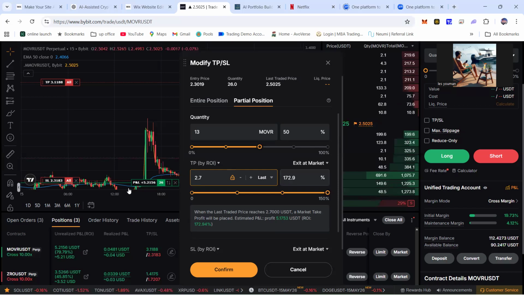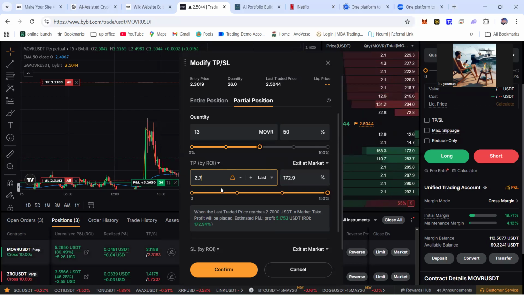So, for example, if we went up and we closed half of the trade here at $2.70, and then it retraced down here and hit our stop loss, which is in tiny profit, the trade as a whole would make about, on the spot, can't do my math. It would make about $86 profit. All right, so definitely worthwhile, so that's set up there now like that.